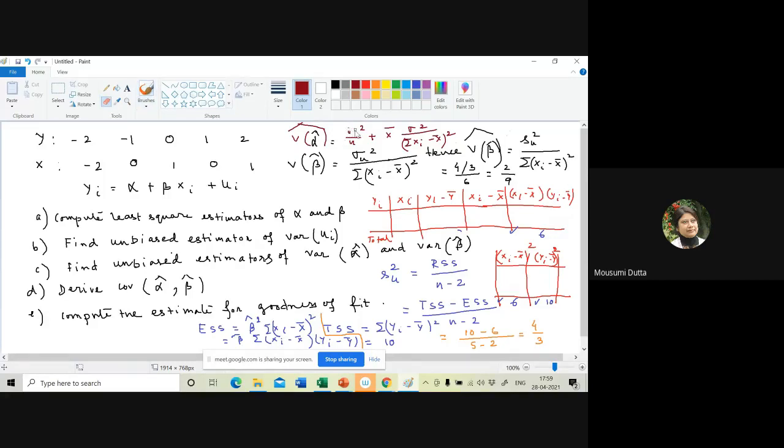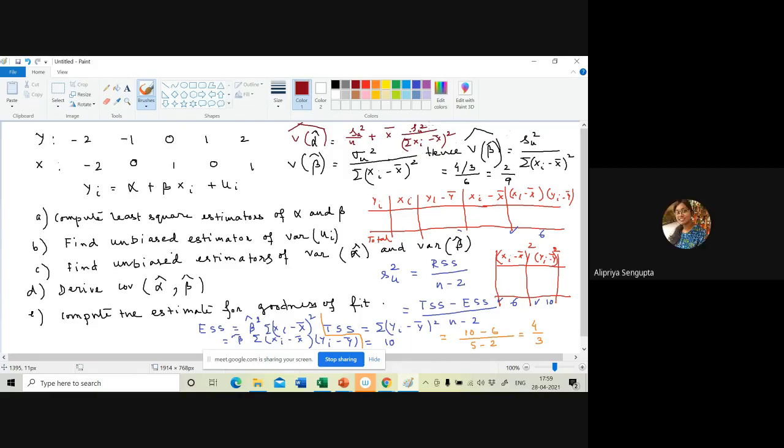So I'll replace sigma square by Su square. Once you calculate these, please let me know what the value is.